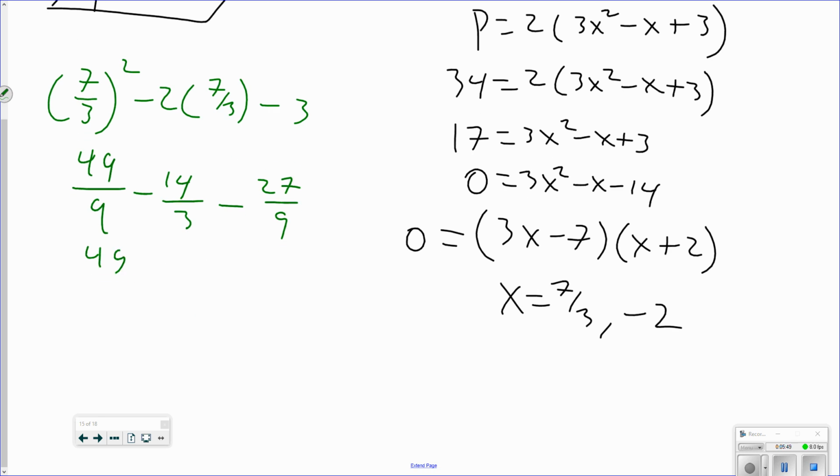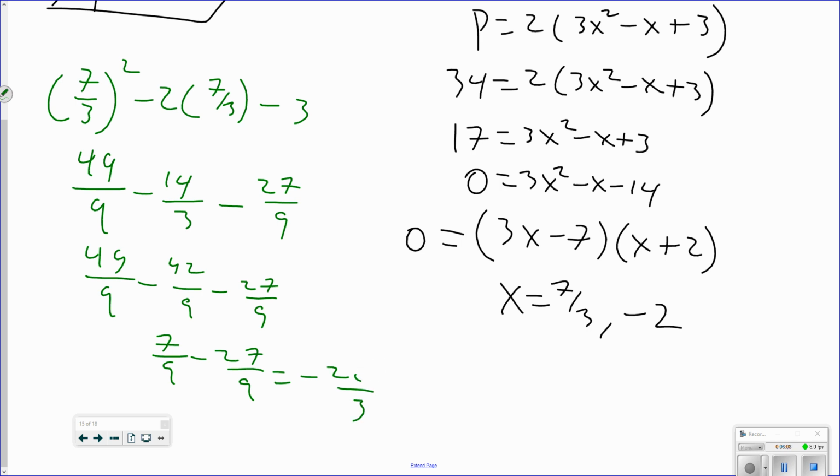So 49 over 9 minus, is that 42 over 9? What you end up getting, 7 over 9 minus 27 over 9. So I'm just doing a lot of arithmetic here to show that 7 over 3 is not going to work, because when you plug in 7 over 3, you get a negative distance for a side. So 7 over 3 is not going to work.